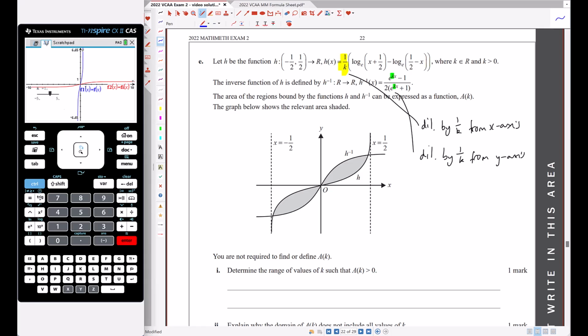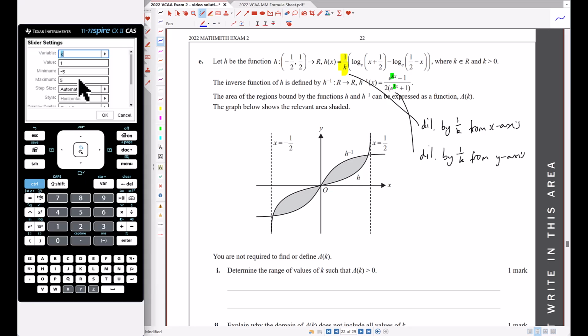I'm going to make those bigger. I could go from -10 to 10. I might also make the step size, let's go with 0.2. That doesn't matter at all, it's just personal preference.